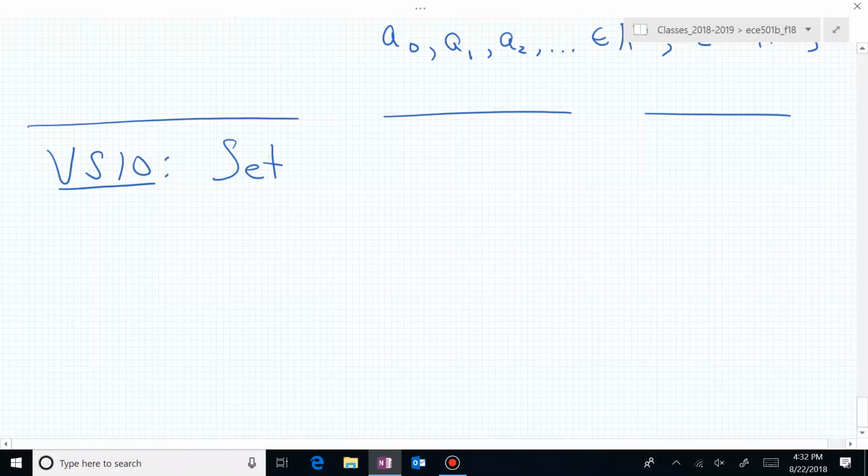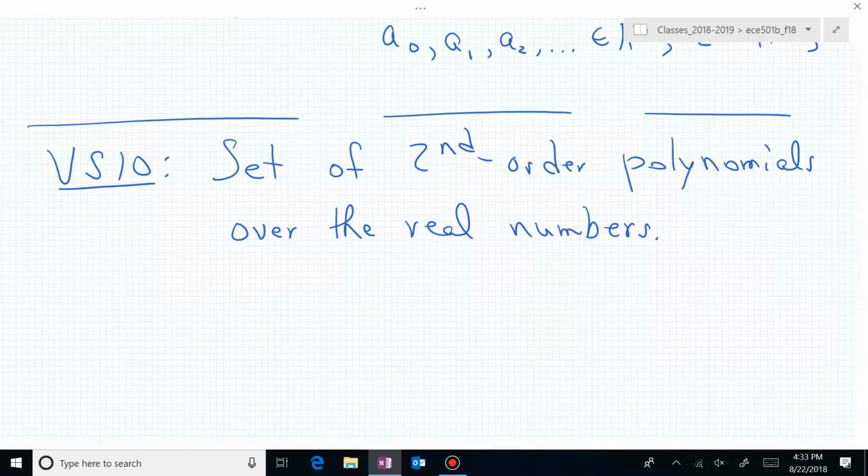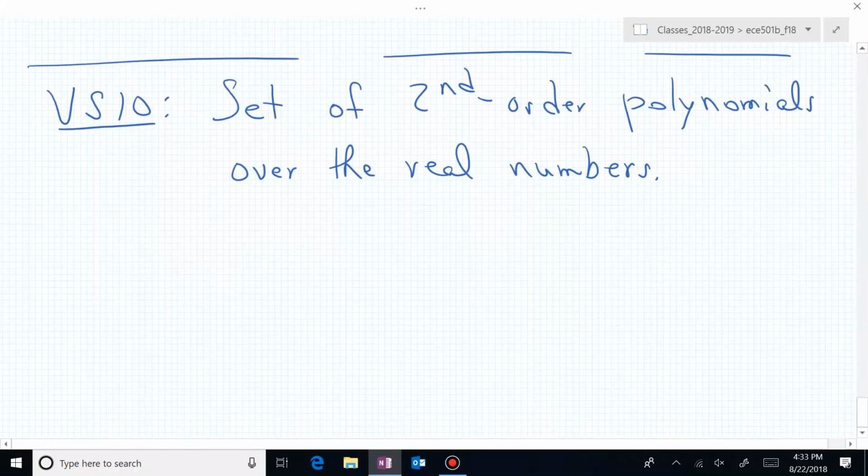This is now the set of second order polynomials over the real numbers. And I think you can see that you could take this into complex numbers too, if you wanted to, and double your possibilities.